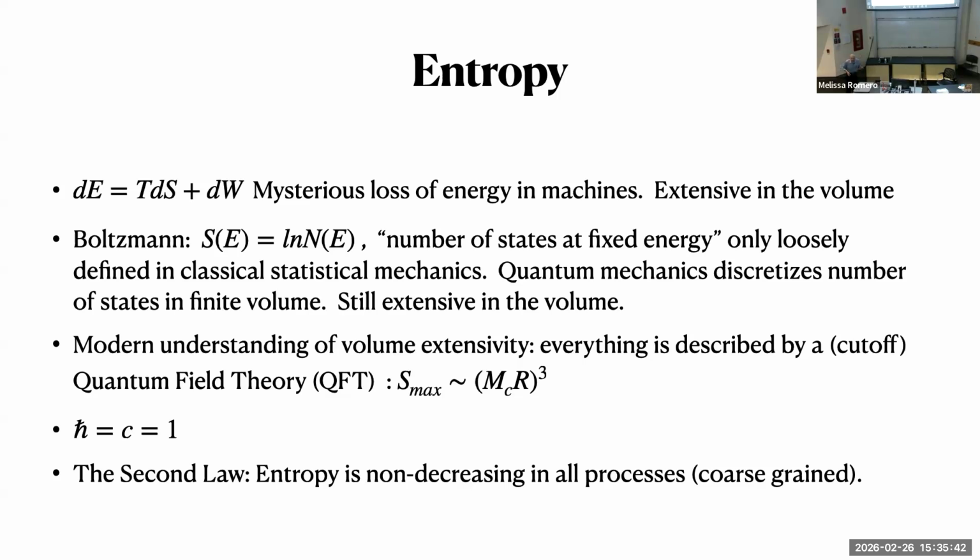Of course, entropy is exactly conserved in quantum mechanics if you define it as the von Neumann entropy of a density matrix. But again, if you coarse grain, it increases.